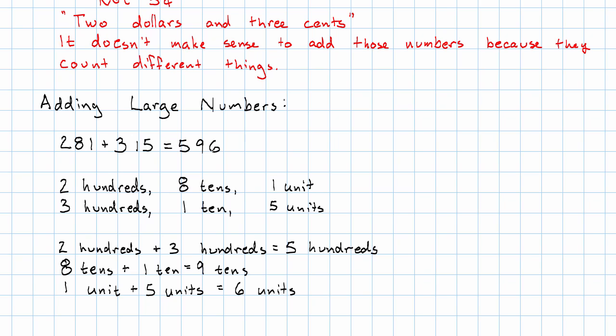Of course, I don't actually work that out by translating it into words. I work that out by writing my hundreds places in a column, my tens places in a column, my ones places in a column.